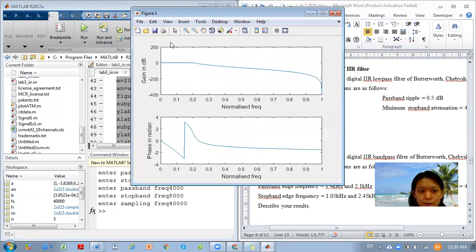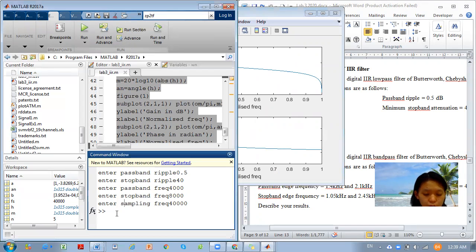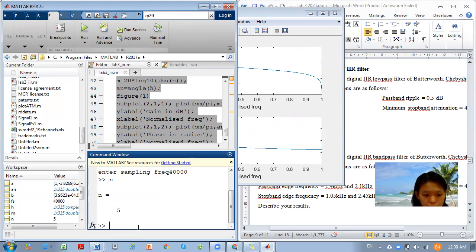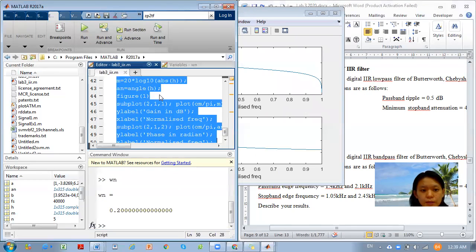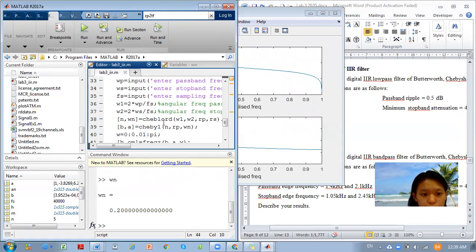So your graph is done. So you can find how much your N is. Your order is 5. Then you know your Wn, your cut-off frequency, is 0.2. Okay, so that's all.